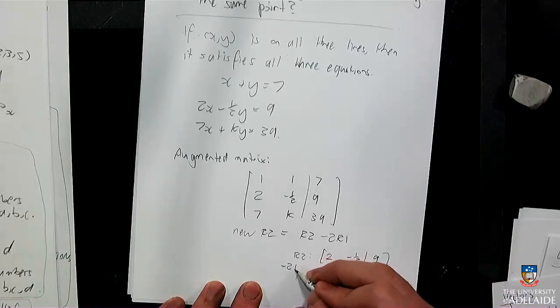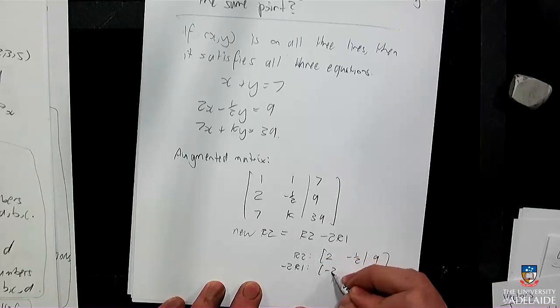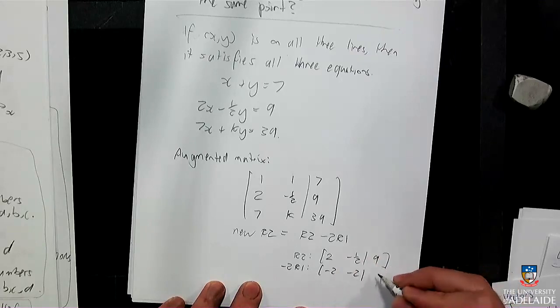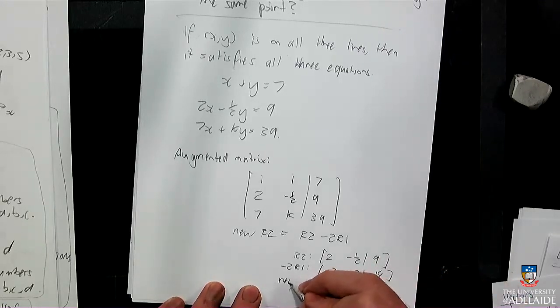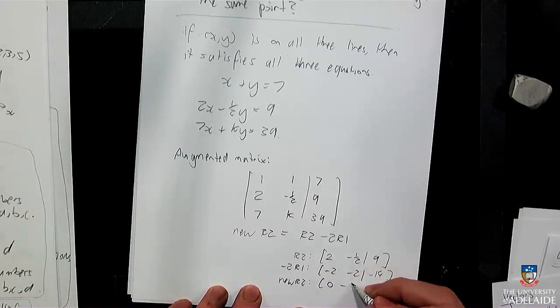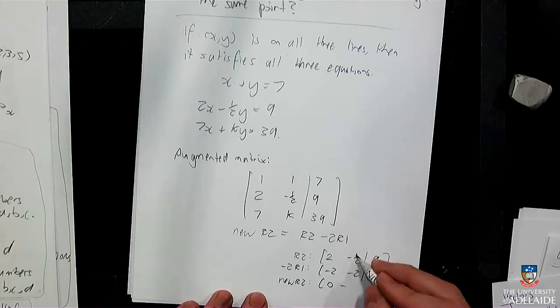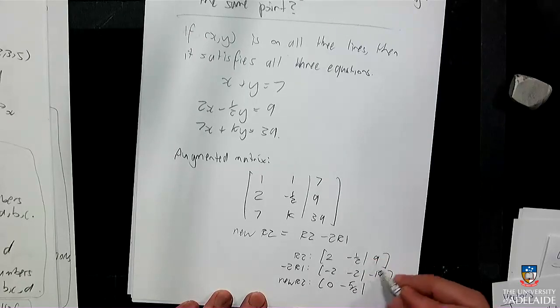And minus 2 lots of row 1 would be minus 2, minus 14. And so my new row 2 will be 0, minus, so minus a half plus minus 2 would be minus 5 on 2. 9 minus 14 is minus 5.